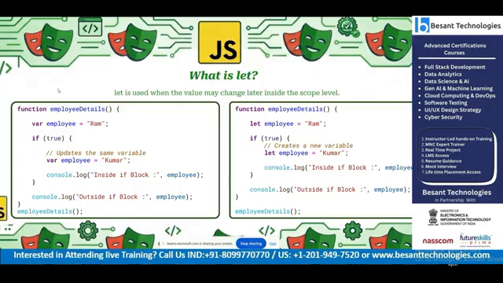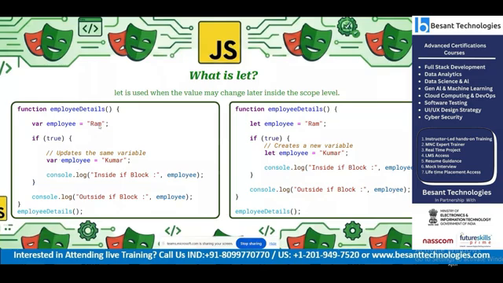For example, as you see here, I'm declaring a function. If you're not aware of functions, just ignore that and see the things alone. As you see, var employee equal to Ram. I declare the name as Ram. Then I'm checking if true, just giving a boolean true so that it goes into the function, and I'm updating the employee name to Kumar.